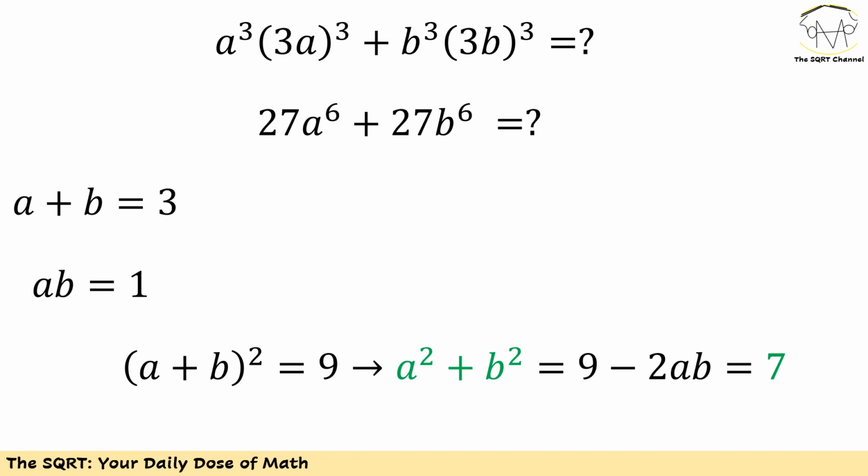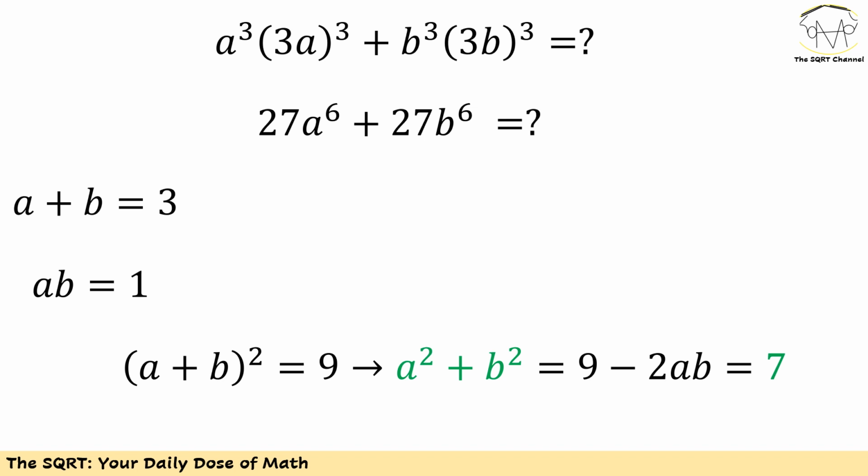But how are we going to find a to the power of 6 plus b to the power of 6? To do this, I'm going to start from the basics. Remember, I have a plus b equals 3. I also have ab equals 1. These are based on the quadratic equation that we got. Obviously, when you have a plus b, you can find a plus b to the power of 2.